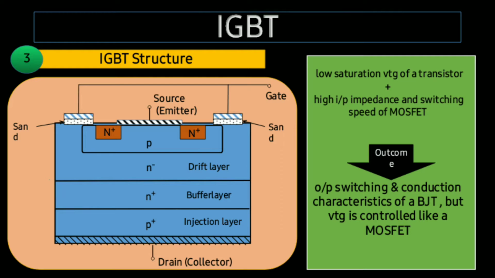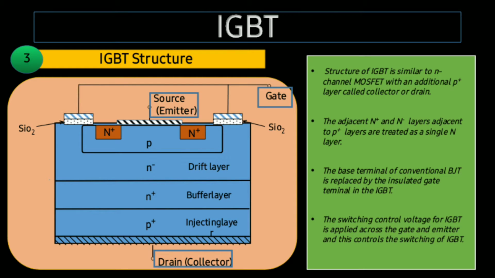Now we shall see the construction of this IGBT. It consists of three terminals: the gate, the source or emitter, and the drain or collector, which are attached to metal layers, and the metal layer of the gate terminal is insulated from the semiconductor by a layer of silicon dioxide, SiO2. The IGBT is constructed with four layers of semiconductor sandwiched together.